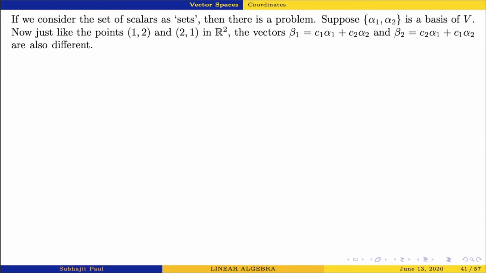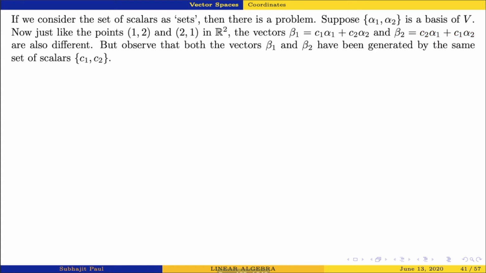The points (1, 2) and (2, 1) are different points in R2. Similarly, the vectors beta 1, which is c1 alpha 1 plus c2 alpha 2, and beta 2, which is c2 alpha 1 plus c1 alpha 2, are also different vectors, of course. But observe that both of these vectors beta 1 and beta 2 have been generated by the same set of scalars c1, c2.